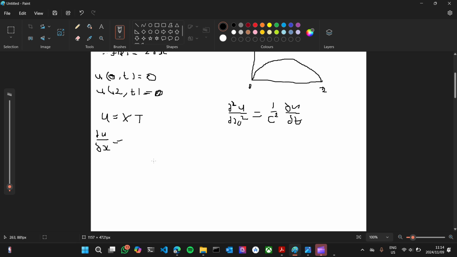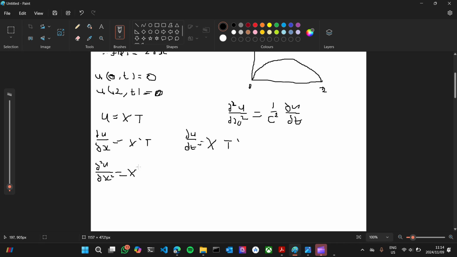That is equal to x prime of t, then the partial differential with respect to t is equal to x t prime. Now we get the second partial derivative with regard to x.